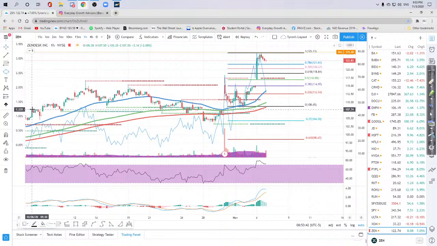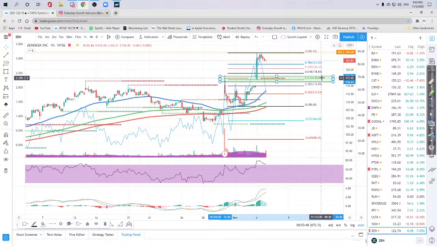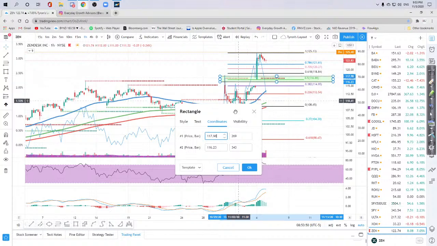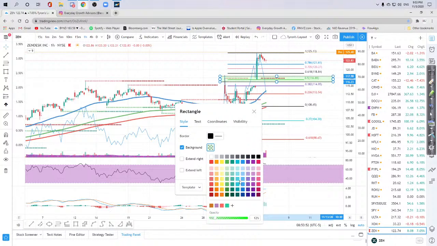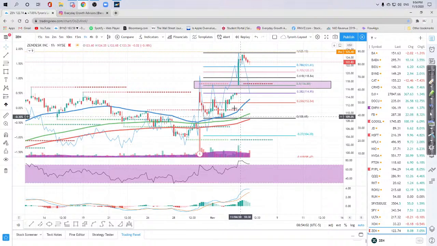This is where you would be looking for Zen to retrace to. Something like that. So you can see approximately where it's going to come to. This is the 50% retracement. That's where you would expect it to come to within that box.